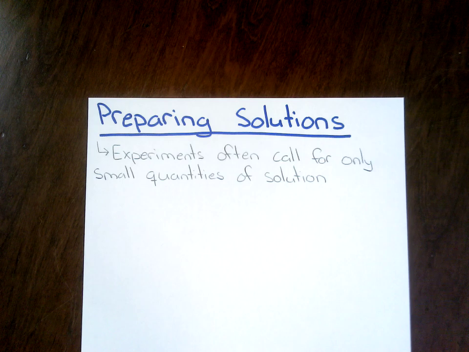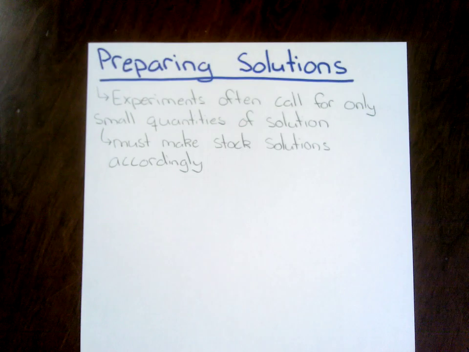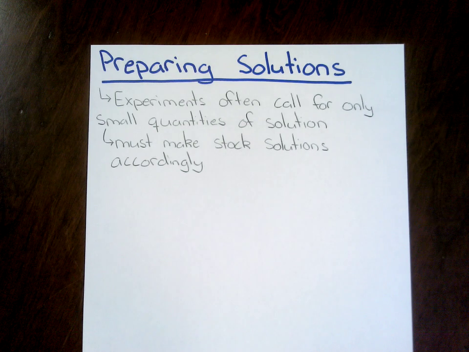So we have to keep in mind that experiments often call for only small quantities of solutions. As a result, we must make these items called stock solutions accordingly. Now, stock solutions are just solutions that we are actually going to utilize in lab experiments.